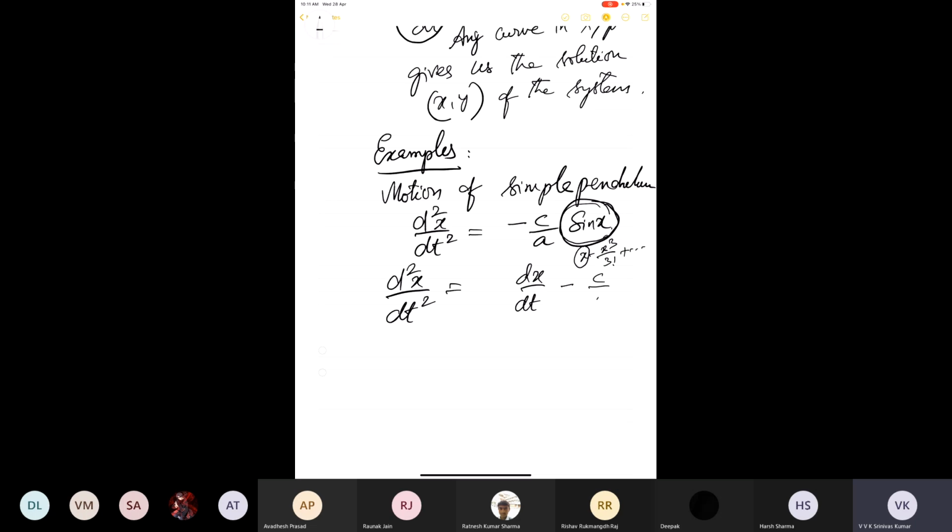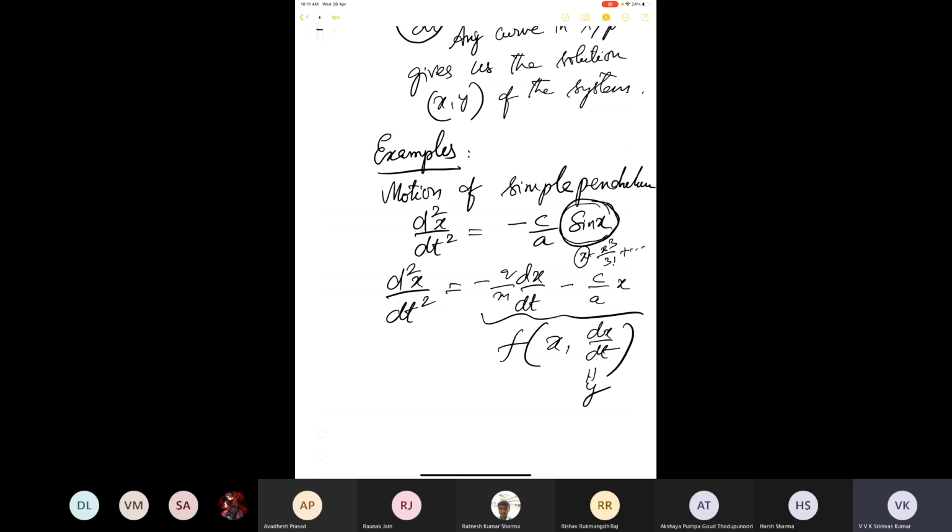The right hand side is a function of x and dx upon dt, and if we make the substitution that this is equal to y, we will have a system.